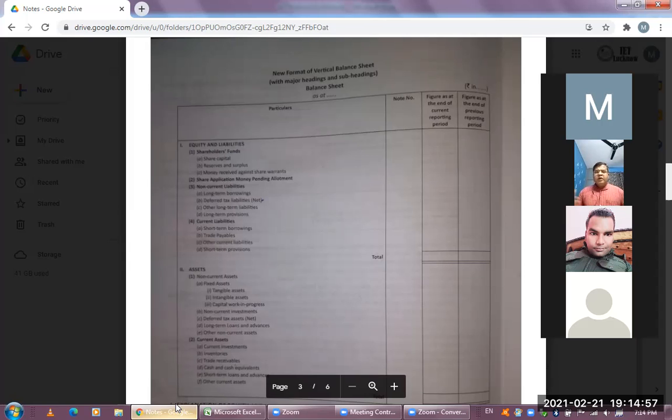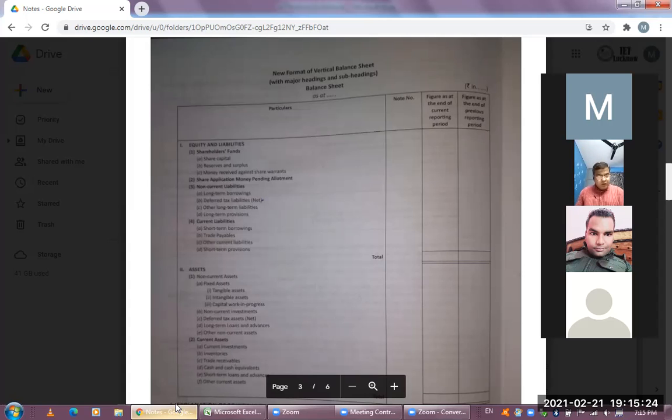So it will be like that, and all the details will be mentioned under the head notes of account. They were termed as schedules previously, but now the notes of account will be the sections after the balance sheet, and all these notes of account will mention the details of what these gross blocks of assets consist of.